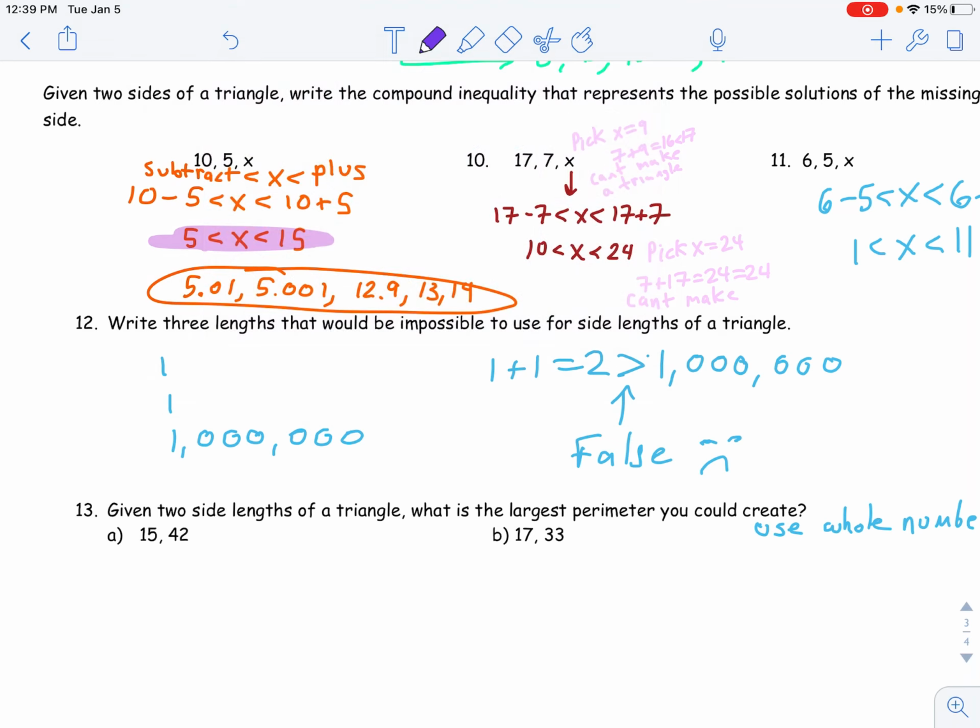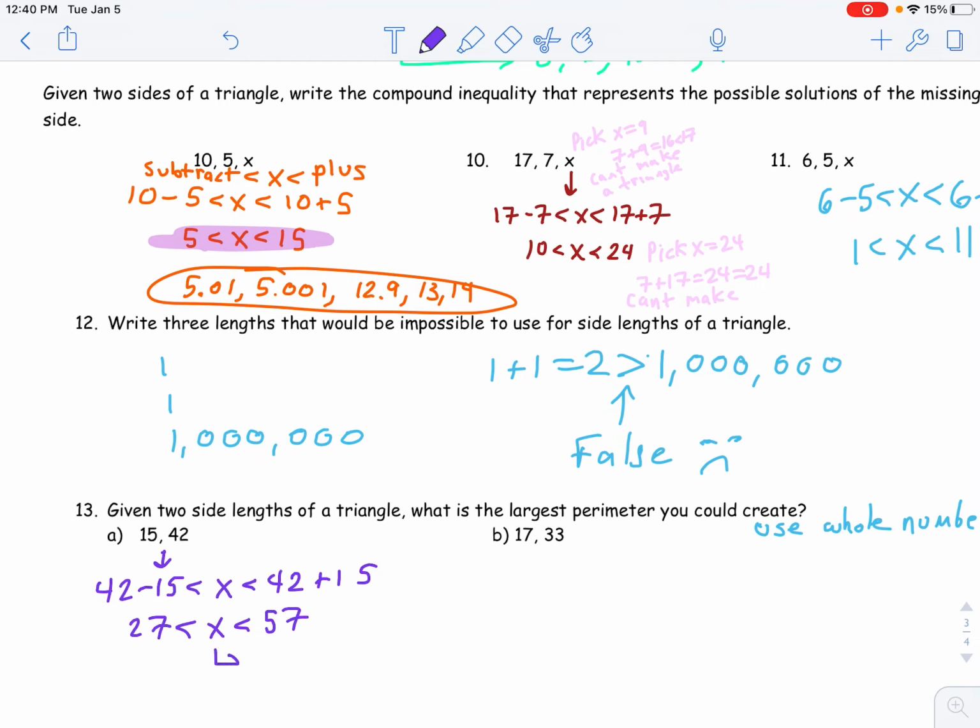So here, all we have to do is determine the largest. Well, what's 42 minus 15? That's not really going to be important in the long run, but we're going to do it anyway. It's 27. x has to be bigger than 27, but less than 57.